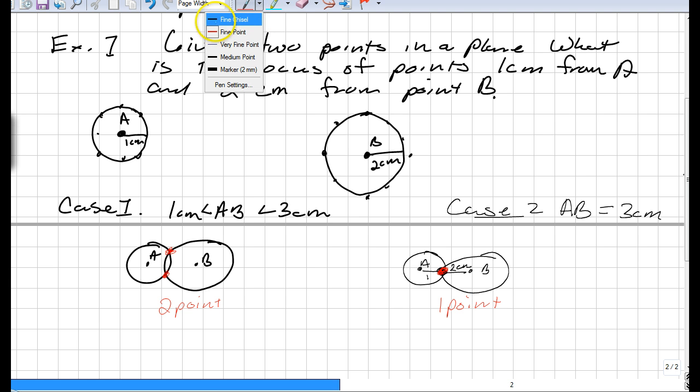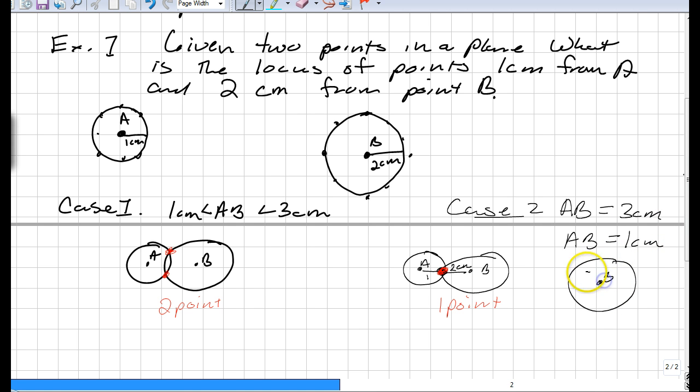Or AB could be exactly 1 centimeter. So in other words, I would have circle B and then circle A. Should be touching there. Okay, and so this distance would be 1 centimeter, so they would share 1 point also.